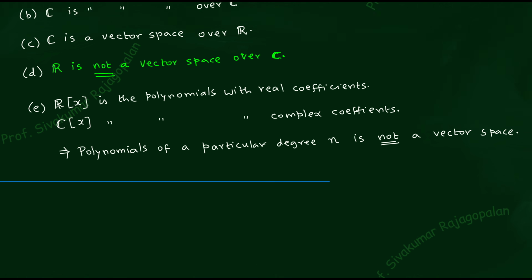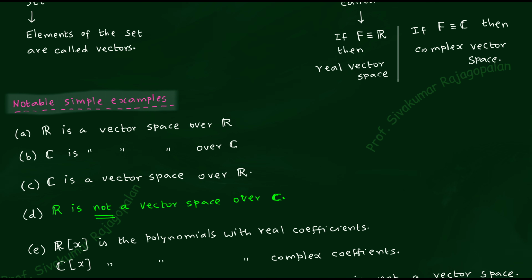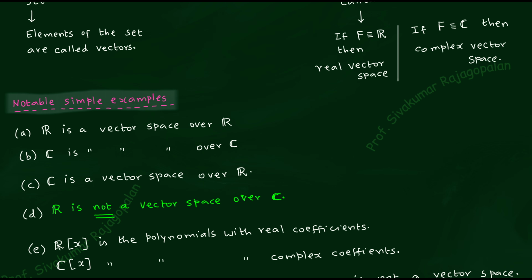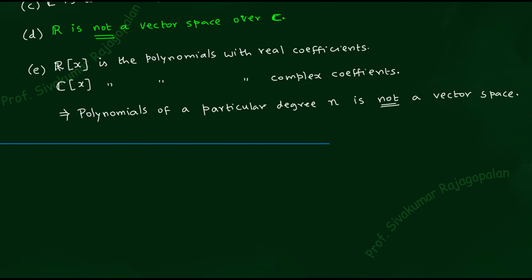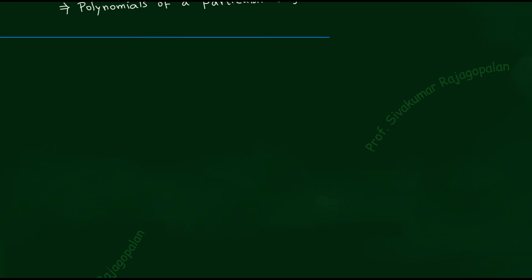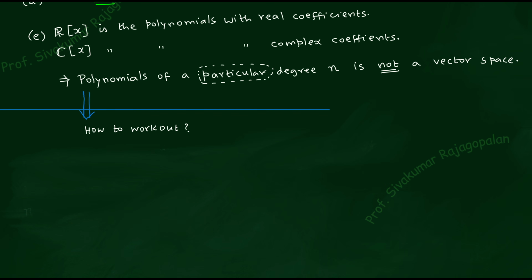So whatever A, B, C, D, E, that is some of the simplest examples. So from there also I will put a dividing line. So like this, there are a large number of examples, but there is no point in writing all the 100 examples there. Instead, you start learning with some interesting and simplest examples. This is how you start learning. Then afterwards, you can always solve additional problems.